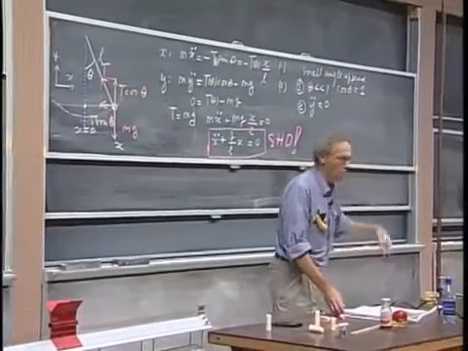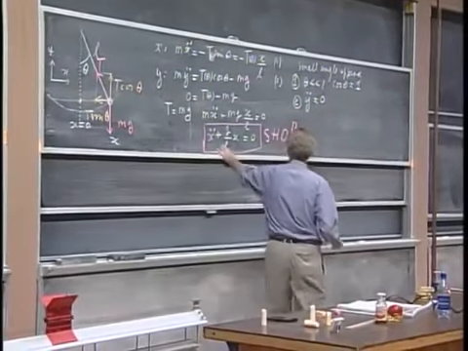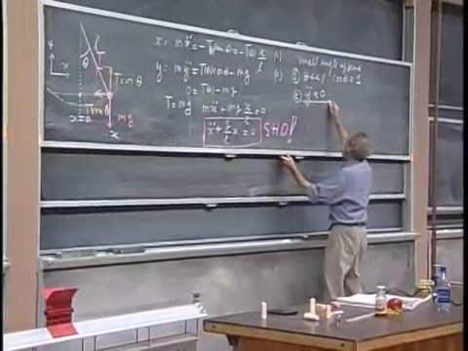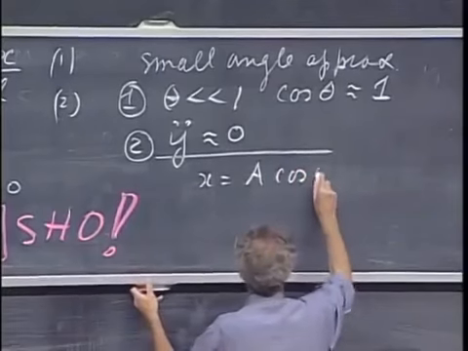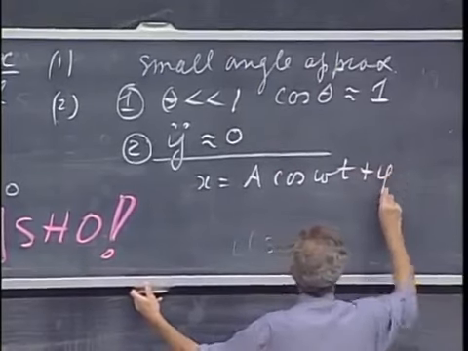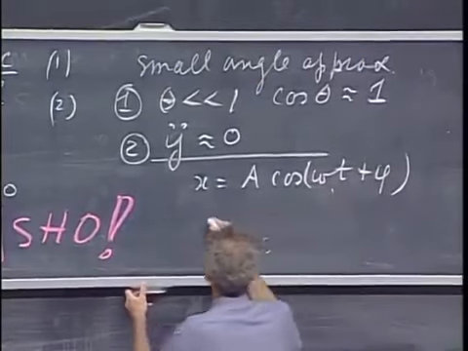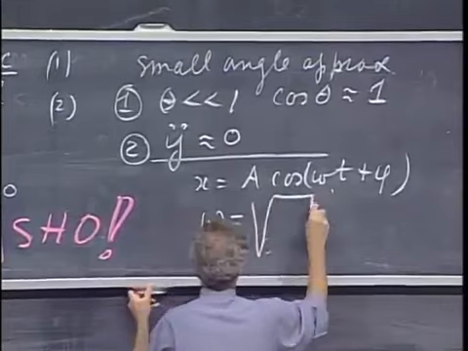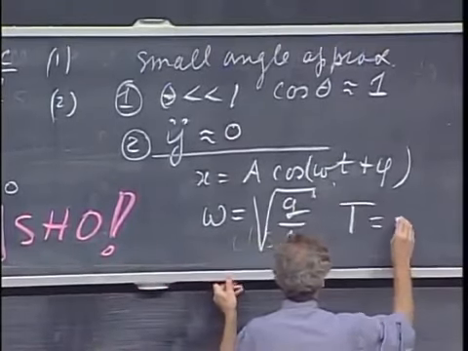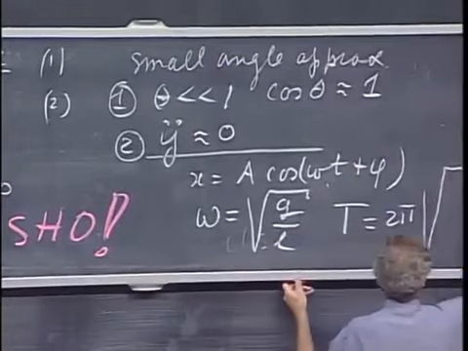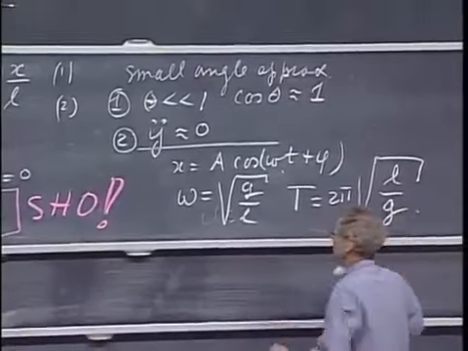So you can write down immediately the solution to this differential equation. X will be some amplitude times the cosine of omega t plus phi, just as we had before, and omega will now be the square root of g over L, and so the period of the pendulum will be 2 pi times the square root of L over g.